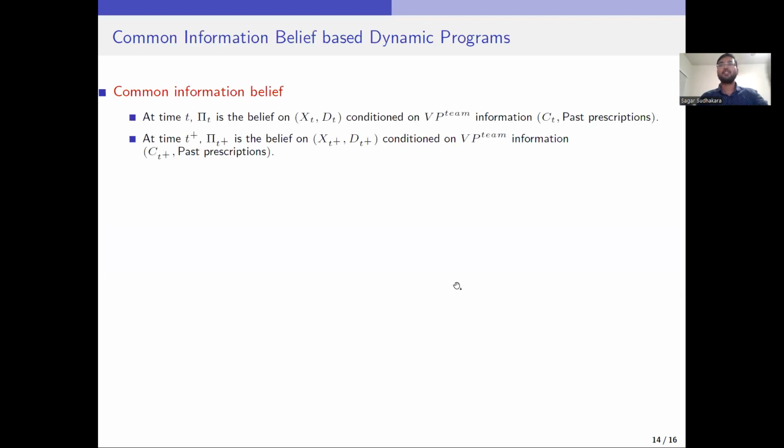So once we connect the original game to the virtual game, we try to provide a solution using the common information belief-based dynamic program. In the common information belief at time t, the belief is denoted by pi t, which is a belief on xt comma dt conditioned on the virtual player team information, that is ct comma past prescriptions. And similarly at t plus, pi t plus is the belief on xt plus comma dt plus conditioned on the VP team information at t plus, that is ct plus comma past prescriptions.